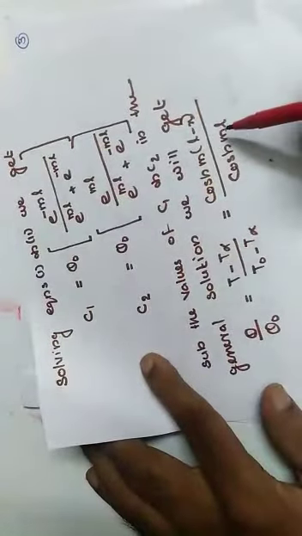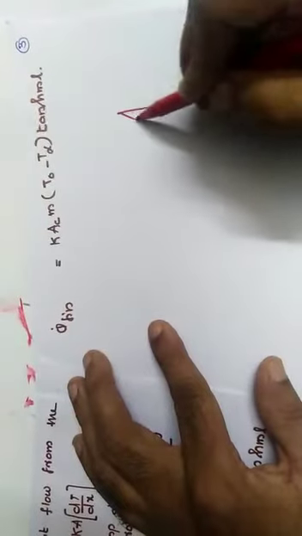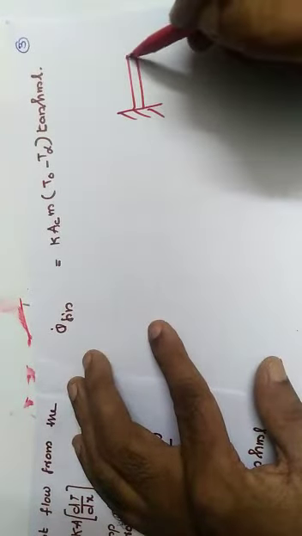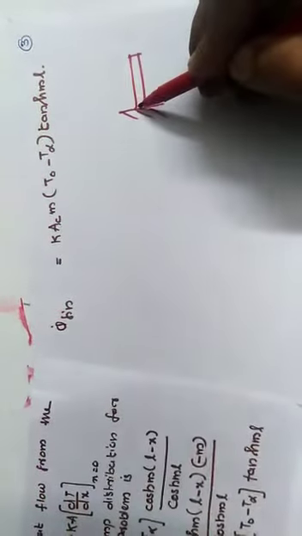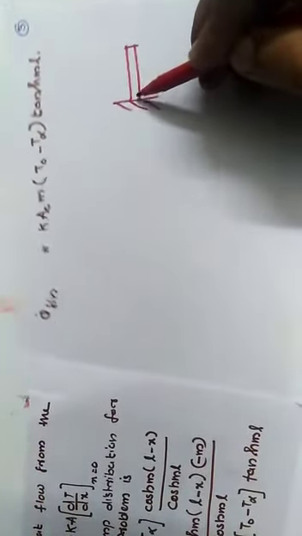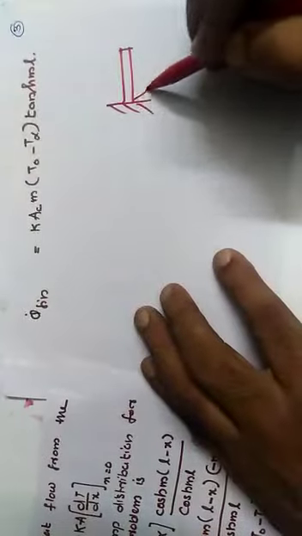Now, we know the temperature distribution equation. Now we need to calculate the heat transfer rate through the fin. For this, take the case: heat transfer rate through the fin equal to the amount of heat transferred into the fin when x equal to 0.